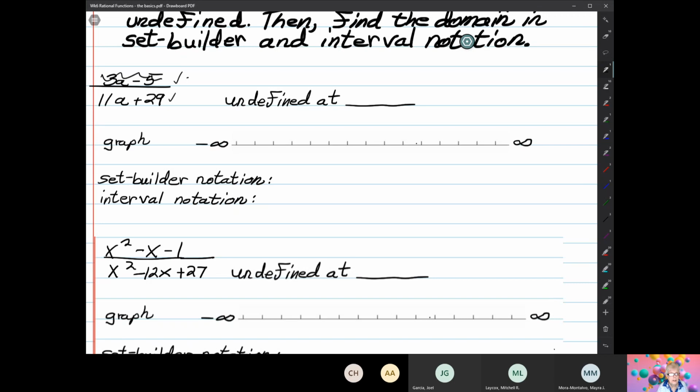Okay, so here the bottom is 11a plus 29. I need to know what number a equals that will make this denominator undefined. That is, to make the denominator equal 0. So I take the denominator, I set it equal to 0, and I solve for the variable.